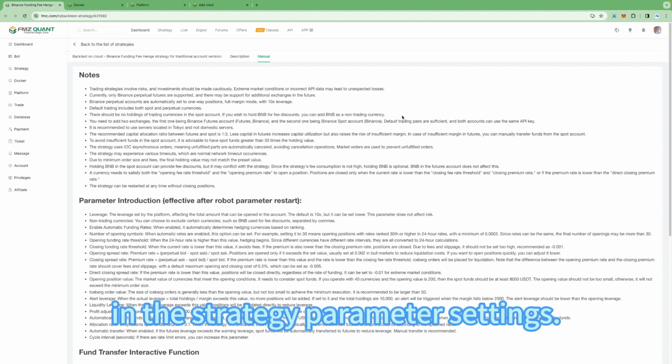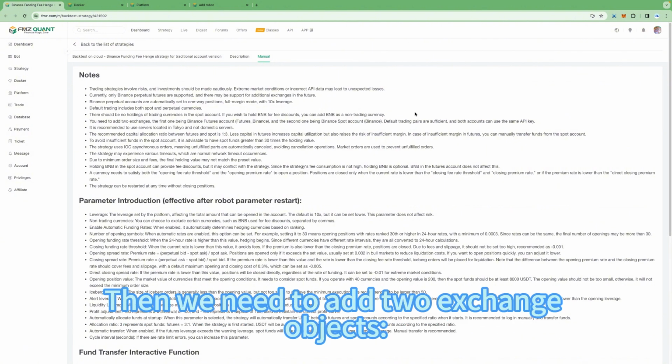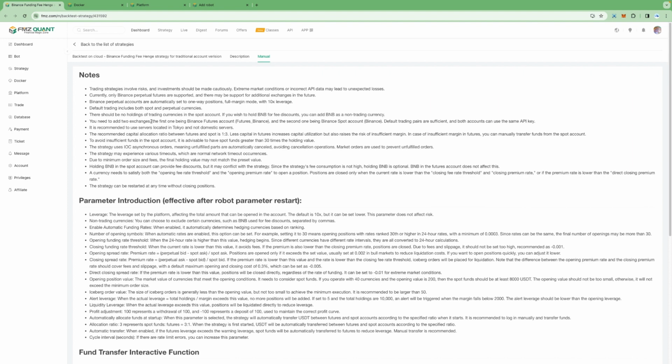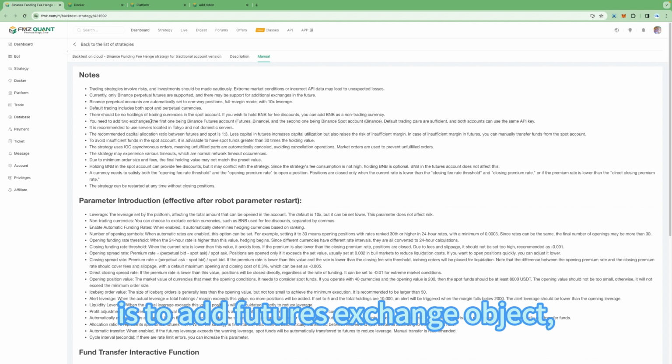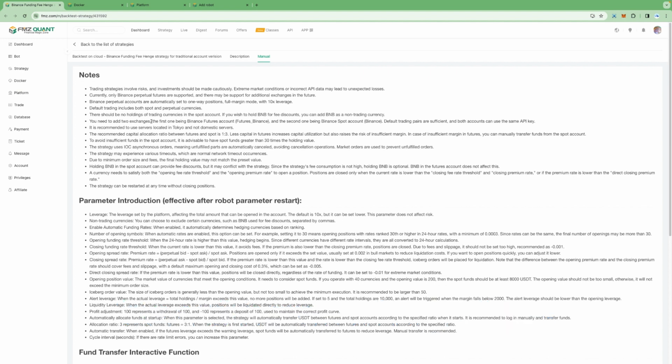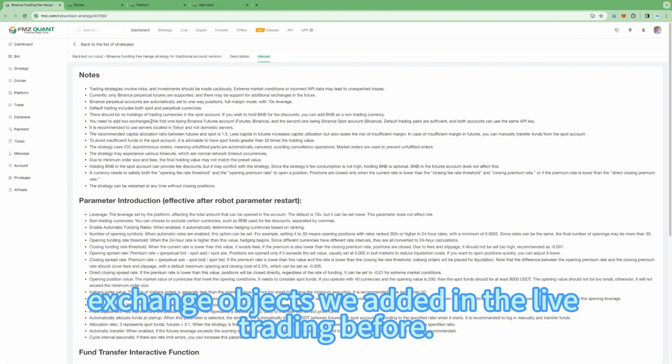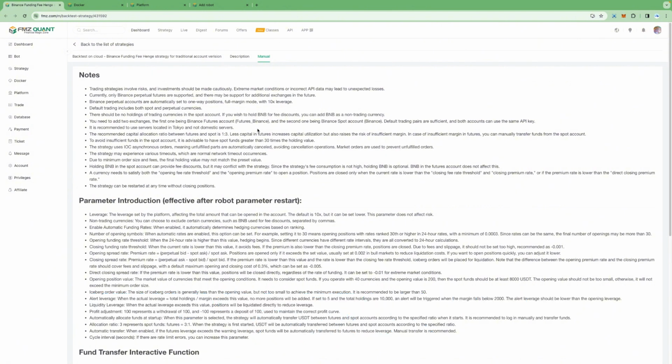In the strategy parameter settings, we need to add two exchange objects. The first is to add spot exchange objects, and the second is to add future exchange objects, which are the two exchange objects we added in the live trading before.